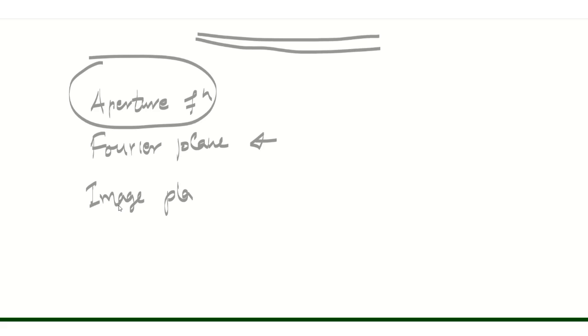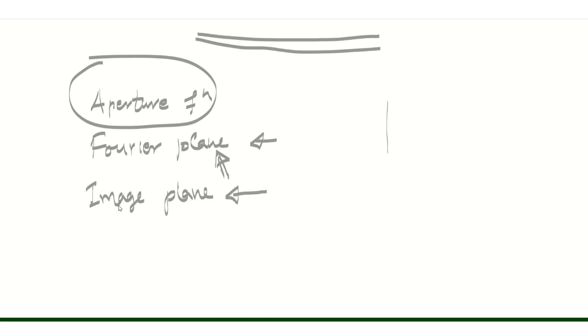When you consider imaging using a lens, this Fourier plane is the focal plane, but the image may not be formed at the focal plane. That could be something different.